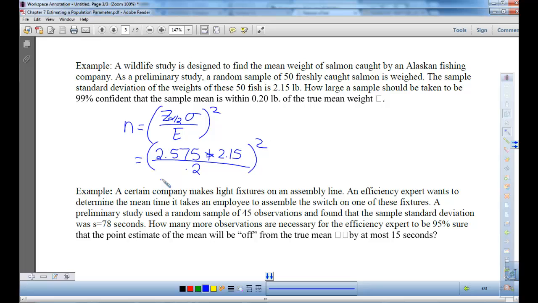We always round up. Okay, we can't sample a fraction of a fish, and we've got to go with one number or the other. If we round down, then our margin of error goes up. So we have to round up. Okay, always round up. So we would try to get 767 fish. Okay, questions about that?